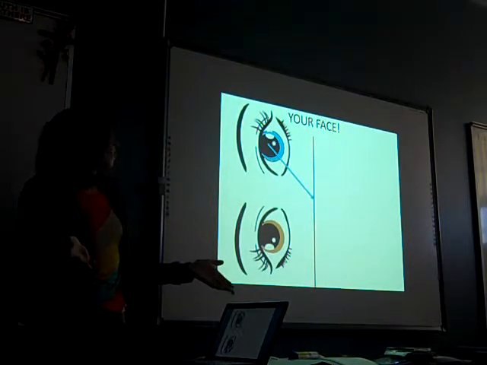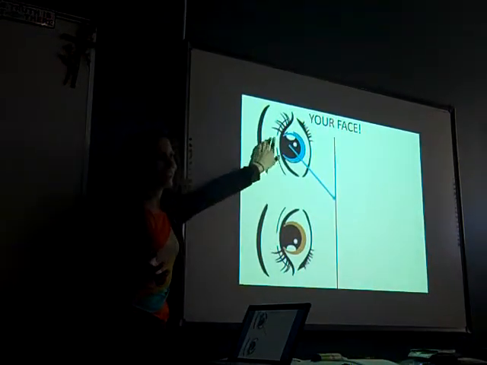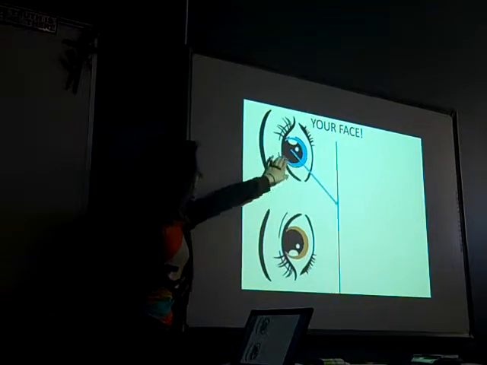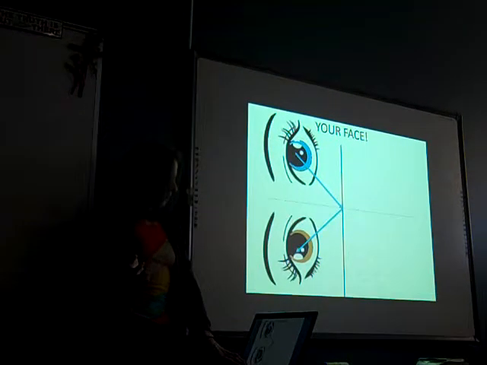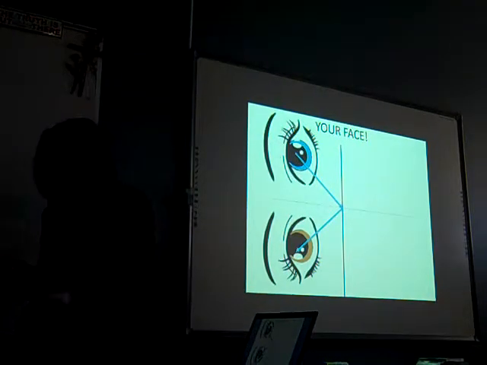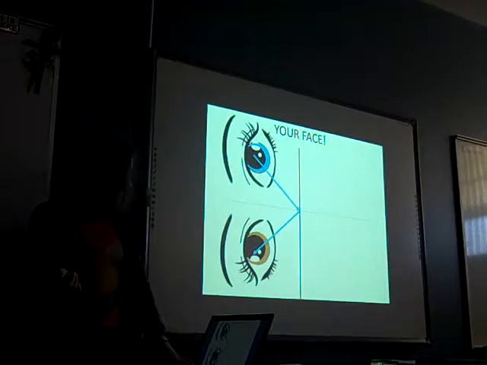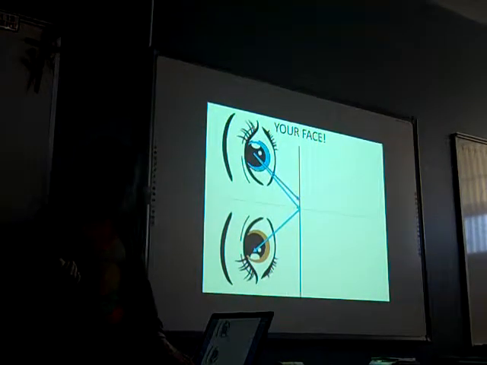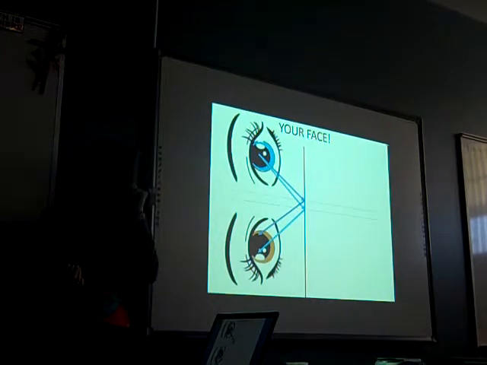So there's, let's say, a blue ray that comes from your eye, this one, and it hits the mirror. And that ray reflects into the other eye. Okay, so you see that. And let's say there's another blue ray that hits at a different angle and then reflects into your eye again.